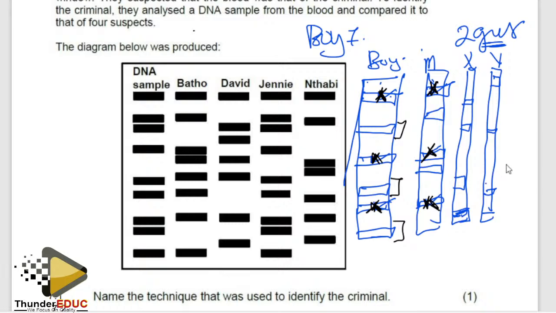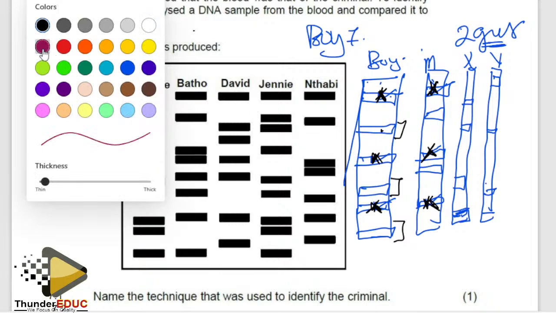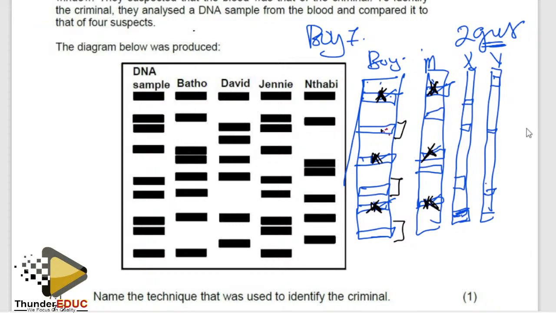If there is one bar which is not corresponding, then that's not the father. Is it clear? Yes. Now I come here. I look for this. What does this one correspond with? If there is no one who is corresponding with it, then it is out. You understand? Then it is out.